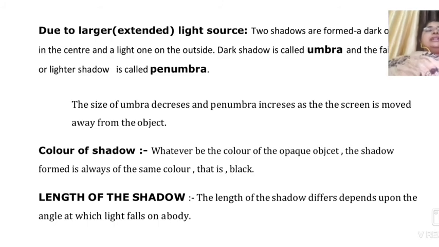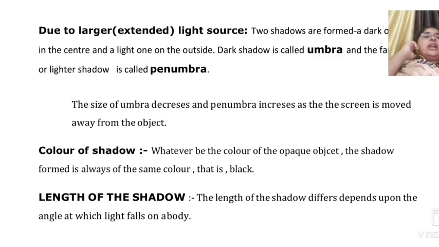It means the dark shadow decreases and the light shadow increases, and after some time we cannot see any portion of the shadow. So students, remember through this example.